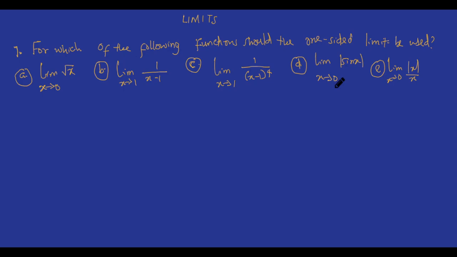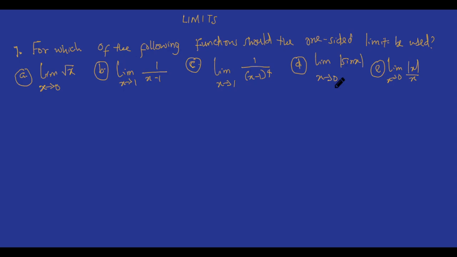For the third one, we have 1 divided by x minus 1 raised to the power of 4. X minus 1 raised to the power of 4 is a polynomial, and a polynomial is defined for all values of x. But 1 divided by x minus 1 raised to the power of 4 is not defined at x is equal to 1, because on substituting x is equal to 1, you're going to have 1 divided by 0, which is an undefined form.